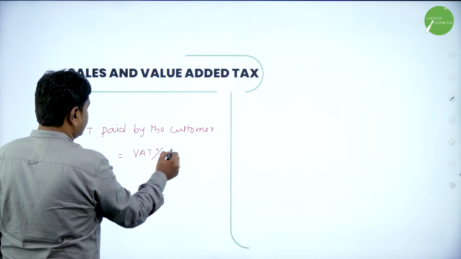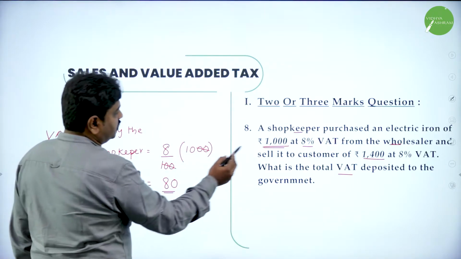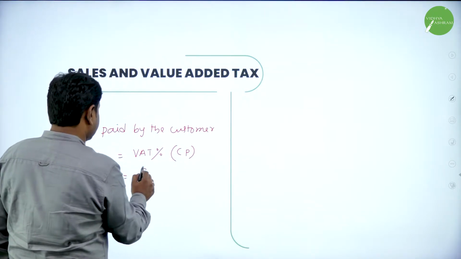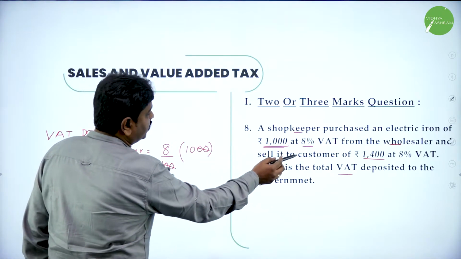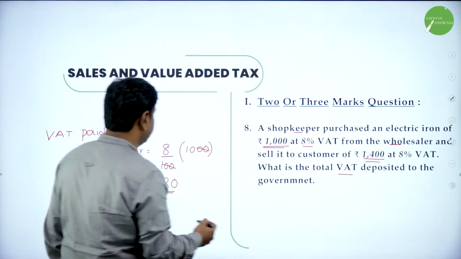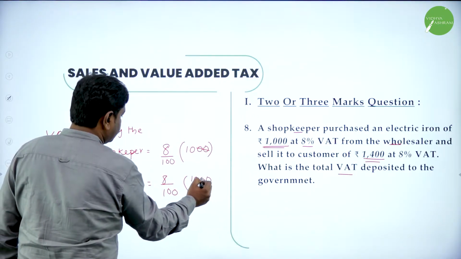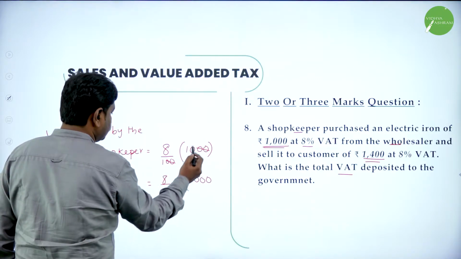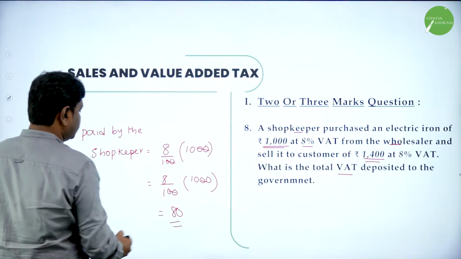The formula is what? VAT percent into the cost price. So what is the VAT percent? They told again 8%, 8 by 100 of the amount. What is the amount he is purchasing for? He is purchasing for 1400. 8 by 100 of what? 1000 rupees. So if you cancel 2 zeros and 2 zeros, we will be left out with rupees 80. This is the VAT paid by the shopkeeper.